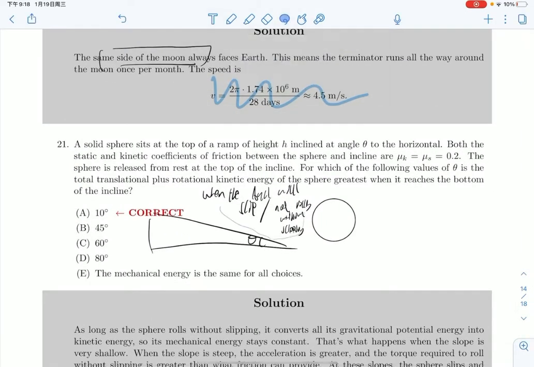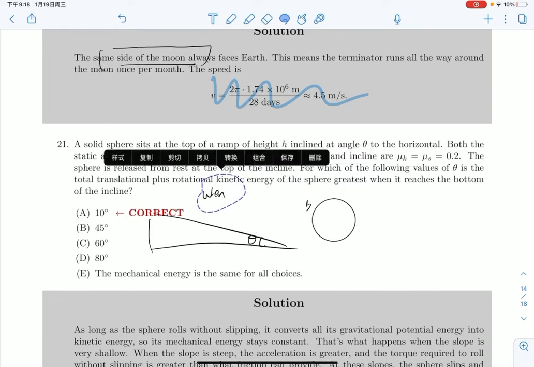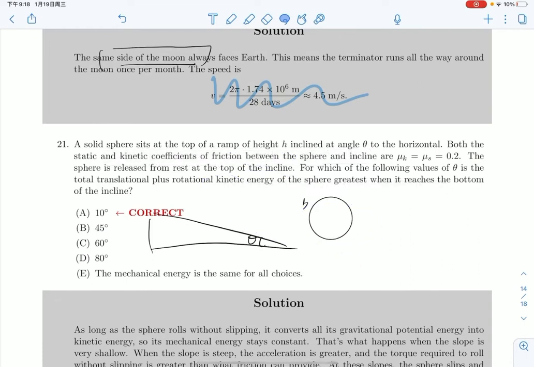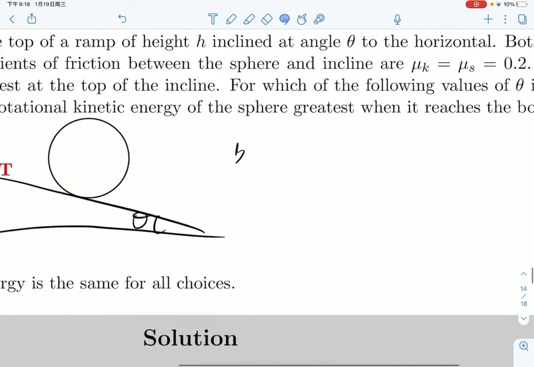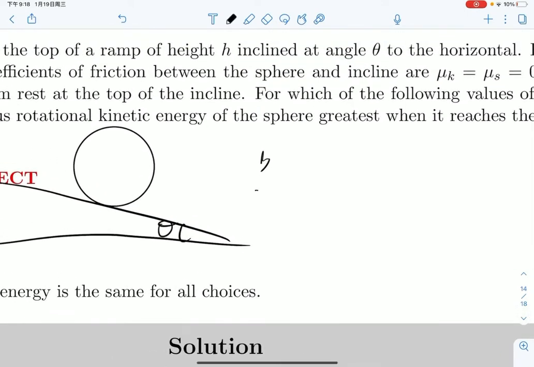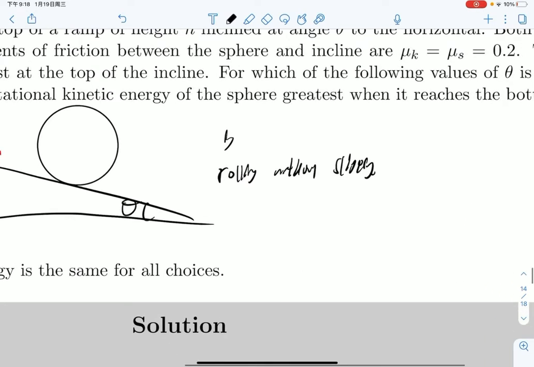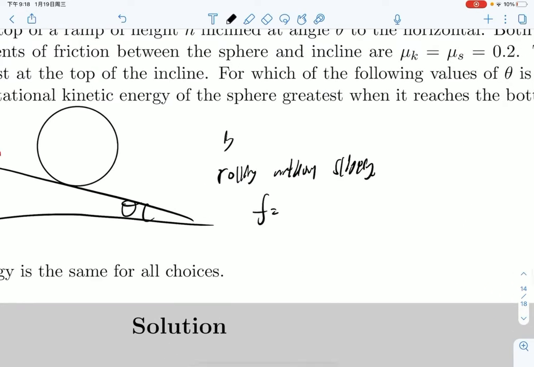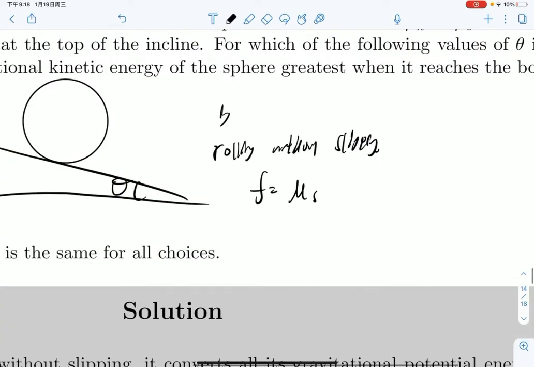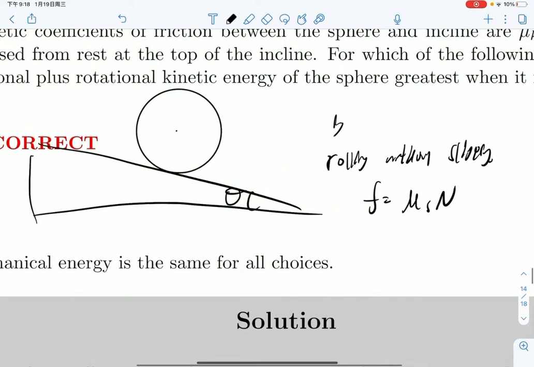So first, you have a constraint over here, which is rolling without slipping. And the extreme case is that F is equal to mu s mg, or mu s N. And from a free body diagram, we can see that N is equal to mg cosine theta.